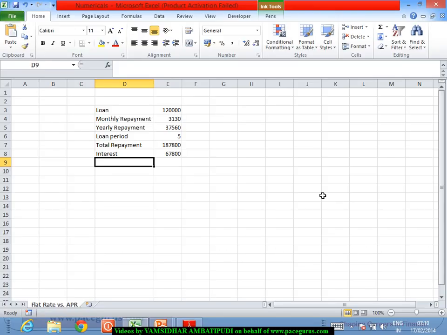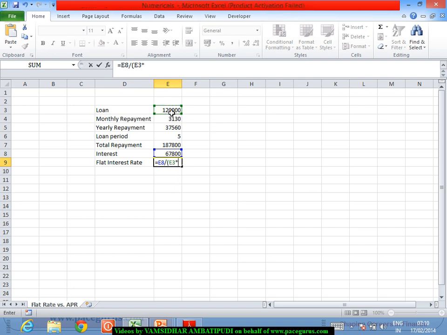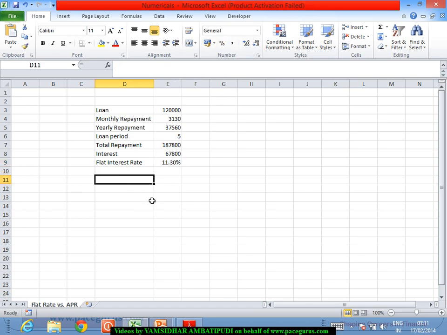So the flat interest rate for this numerical will come out as 67,800 divided by 120,000 into 5. So the flat rate of interest for this numerical is working out to somewhere around 11.3%. That is the interest rate.